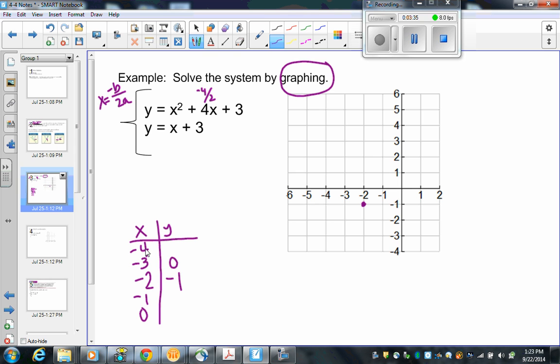And if I plug in negative 4, that's going to give me 3 as my y value. Plugging in negative 1 gives me 0, and plugging in 0 gives me 3. So I'm going to plot these points on my graph to the right. So here's the start of my parabola.